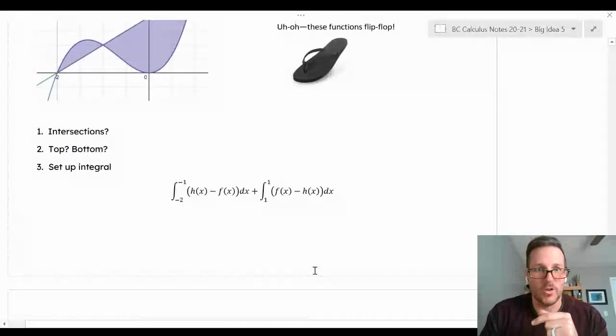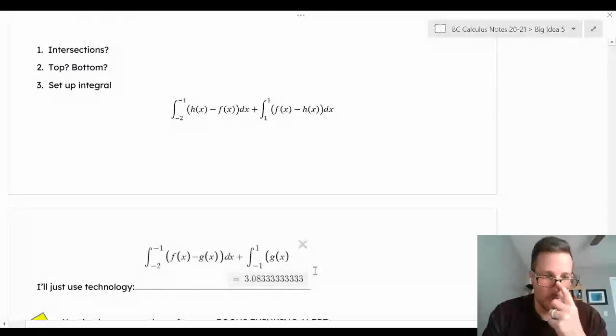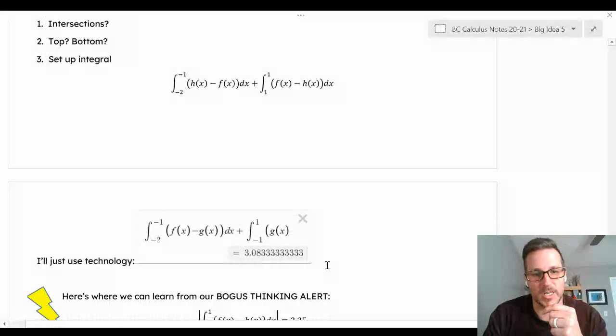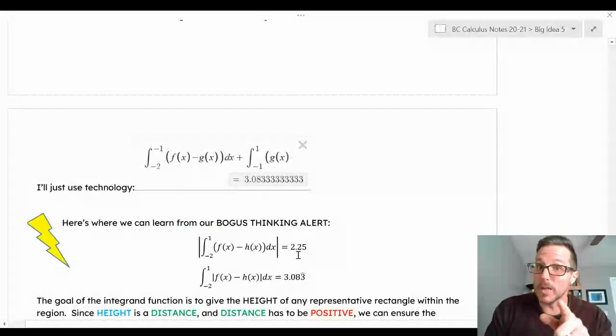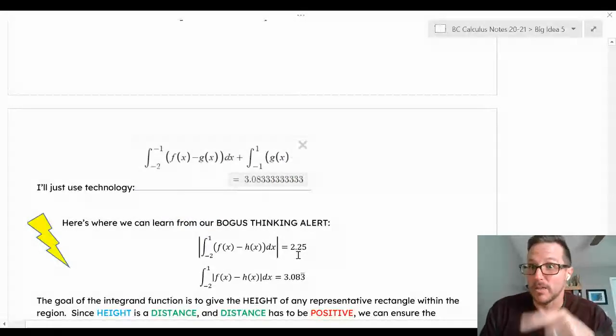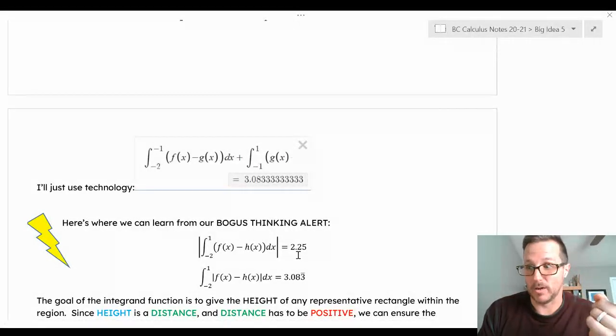So, what's it going to be? Well, there you go. I just hit it with technology and got approximately 3.083. That would be a nice number there because that's repeating. It would be a nice rational answer. But here's what we can learn from that bogus thinking that I talked about earlier, how we can't just do one and subtract the other and not really care, and then just whatever the answer is, make it positive, especially with the flippy floppy.